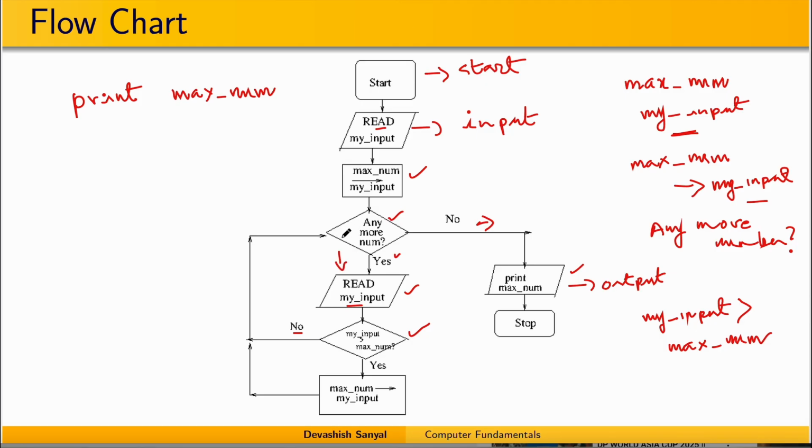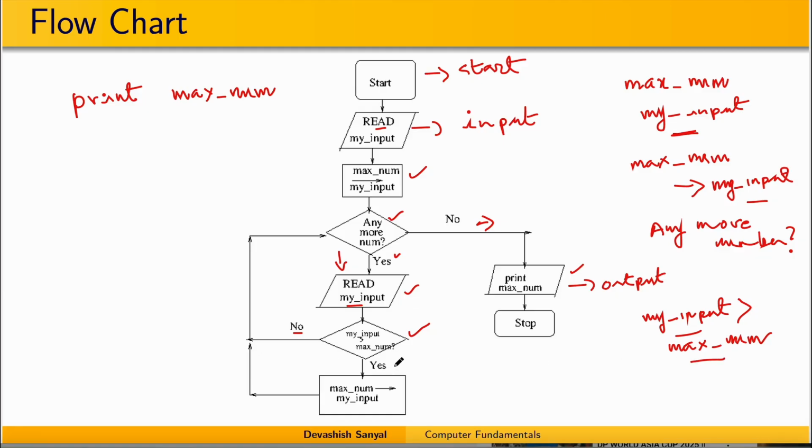So what we are seeing is this condition being tested. If there is no number, we go along this path, and if there is a number, we repeat the process and read the input again, and then check whether the new input is greater than max num.